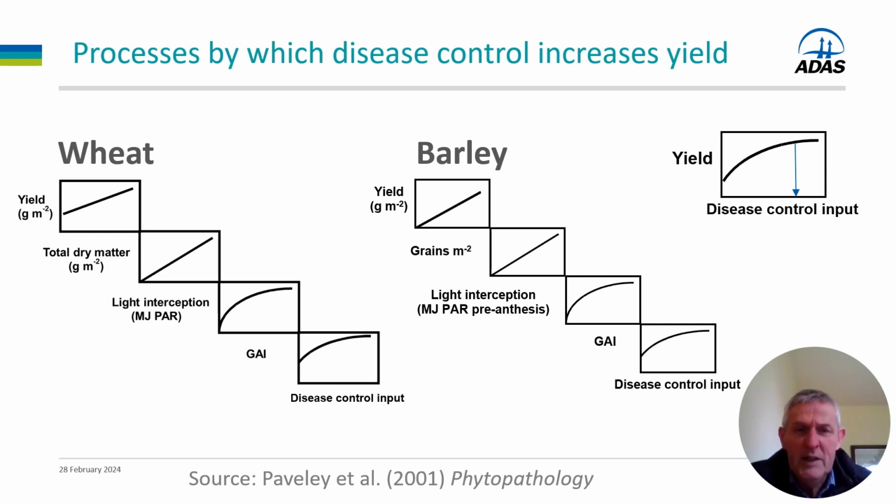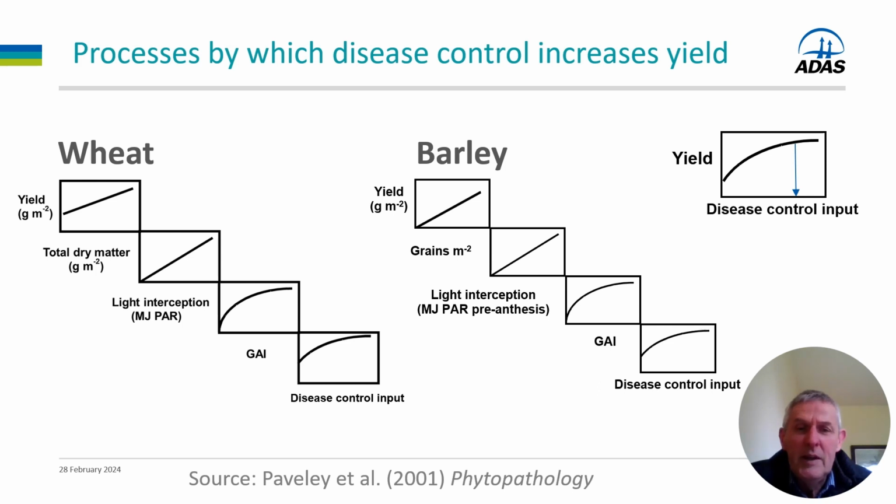If we then turn our attention to barley, which, as we discussed in a previous video, behaves quite differently. Again, we have the disease control input at the bottom affecting green area index, but then the effect of that green area index that we're primarily interested in is what that does to light interception in the period before flowering, when sink capacity is being determined through tiller production and survival and through floret production and survival.